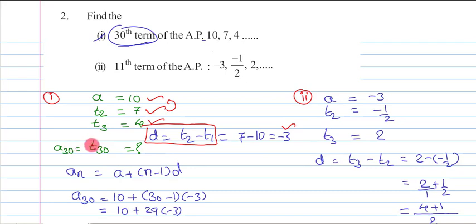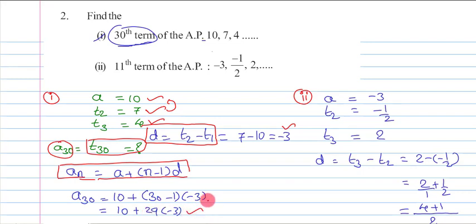So we need to find a30, the 30th term. Here we use the important formula of the nth term of an AP: an is equal to a plus (n minus 1) into d, in which n is 30, a is 10, and d is minus 3. We substitute: a30 is equal to 10 plus (30 minus 1) into minus 3, that means 10 plus 29 into minus 3.